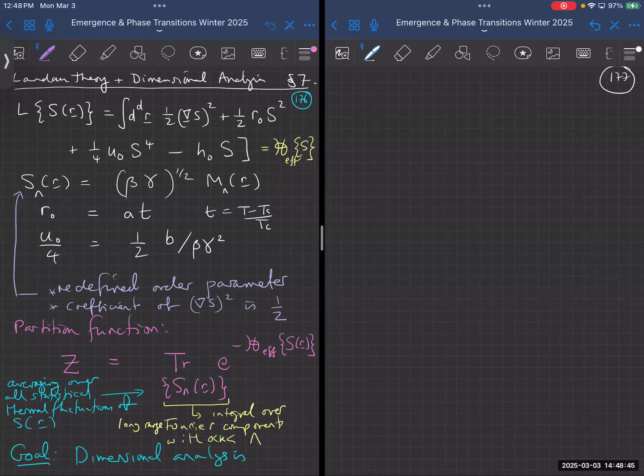Okay, so the goal is dimensional analysis. So step one, how do we do dimensional analysis, especially since I've redefined the variable in some very sneaky way? The first thing is that we note that H effective of S is in an exponential.